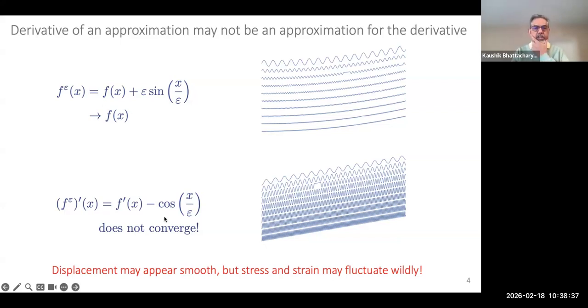But if I differentiate it, you'll see that the fluctuations are order 1. So even if epsilon goes to 0, in the limit, you get something which is extremely highly oscillatory. And you can never really approximate the derivative with the derivative of the smooth function.